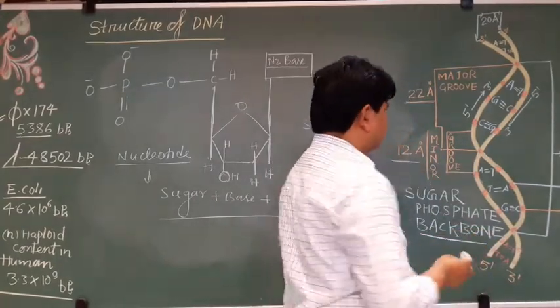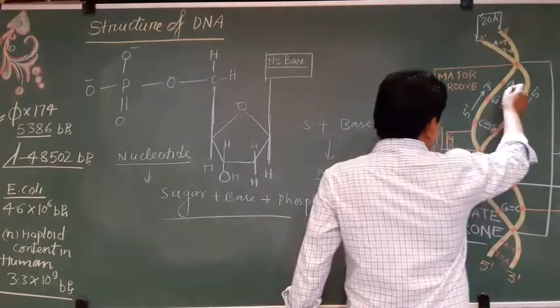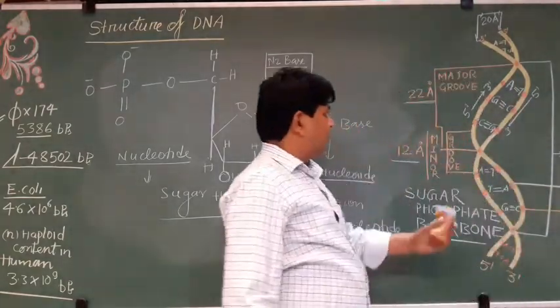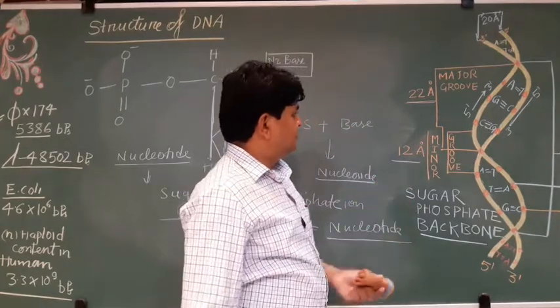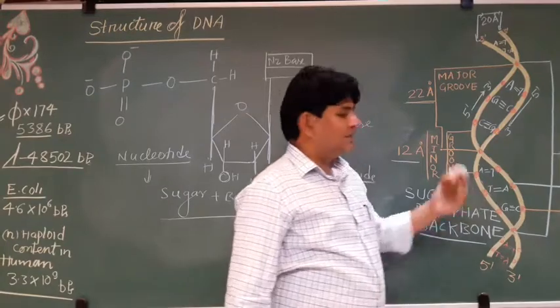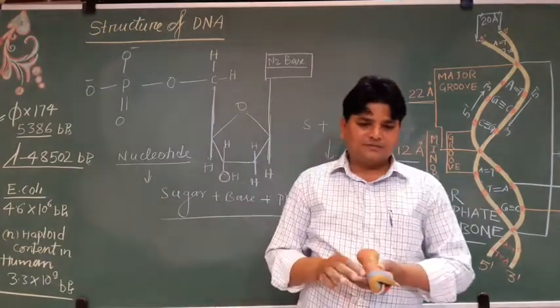For example, adenine to thymine has two hydrogen bonds and guanine to cytosine has three hydrogen bonds. After this arrangement, it provides extra stability to this double helical structure.